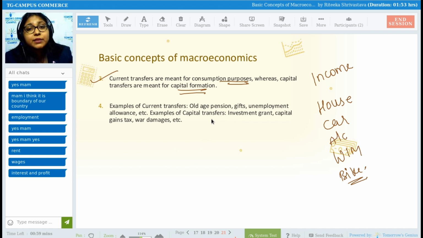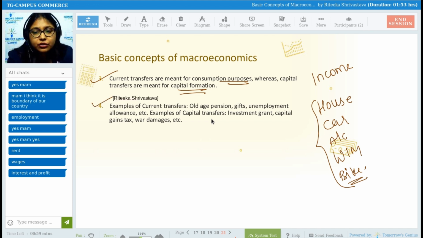So current transfers are always done for consumption purpose, and capital transfers are always done for capital formation. All of these things are called capital formation. If I purchase a house, I have done capital formation. It's a capital for me. It's money for me. How? Because in future, if I want to sell that house, I'll receive that amount of money. So it is called capital.